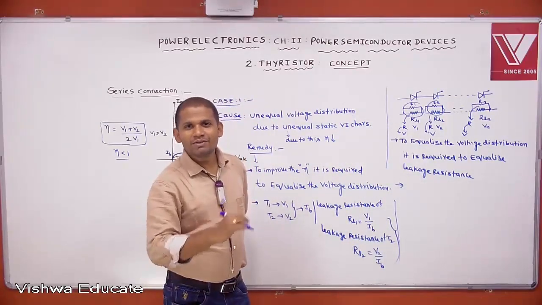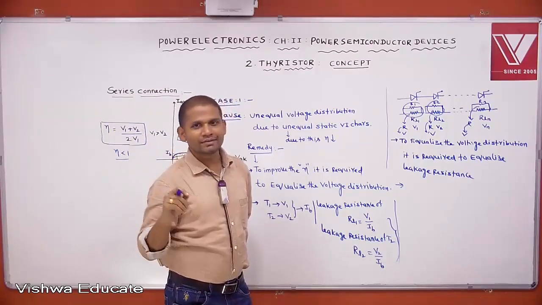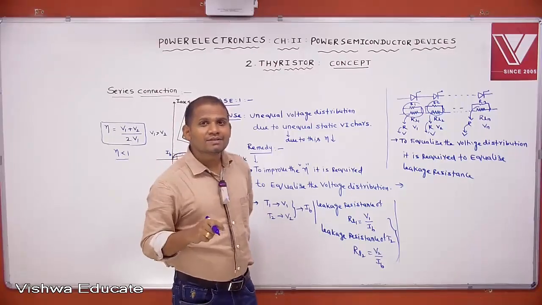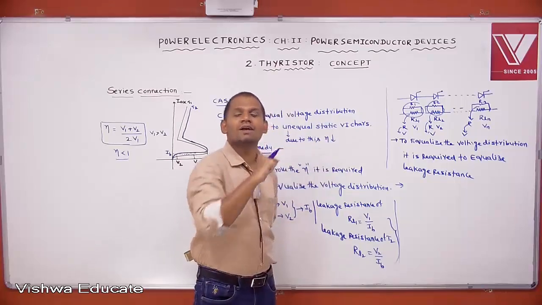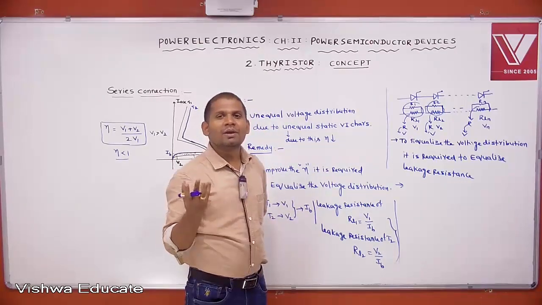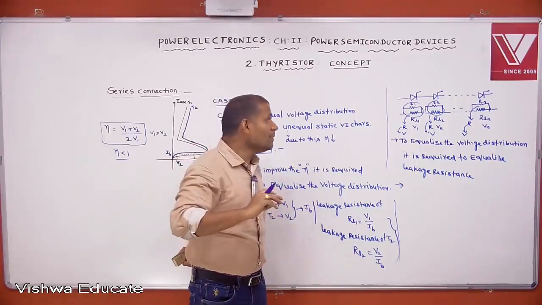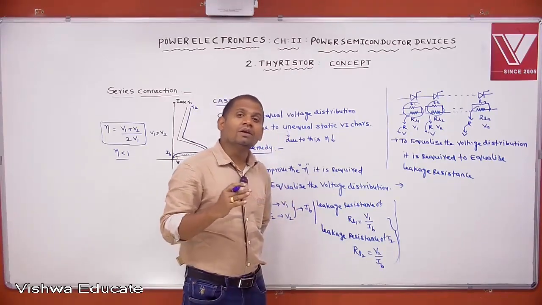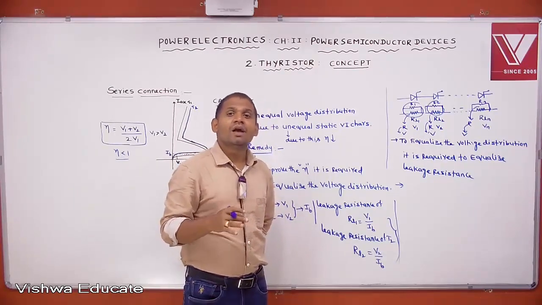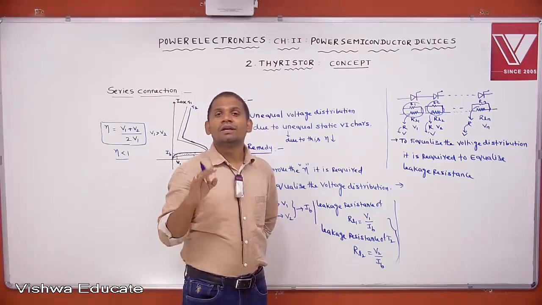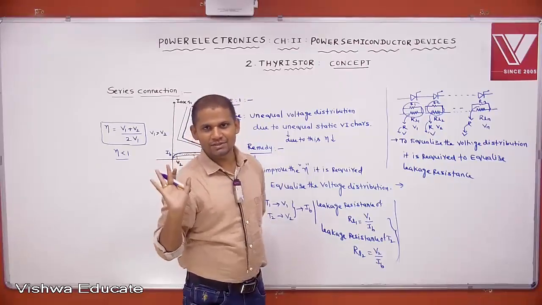But practically, is it possible? One string means a number of SCRs are connected. Then we can design different values of resistance in order to make all the SCRs have the same resistance. But practically it is a complex process. Understood? That means one method of equalizing is to equalize the leakage resistances across each SCR by connecting different values of resistances, but practically it is a complex process.